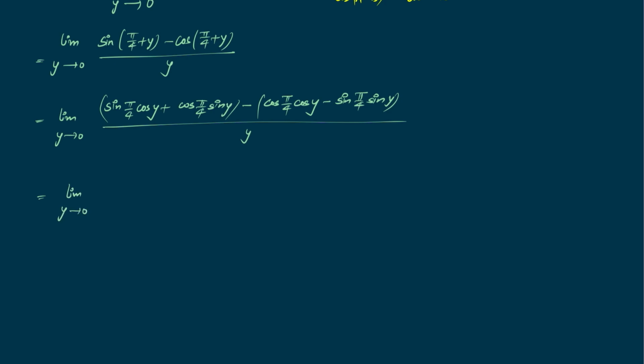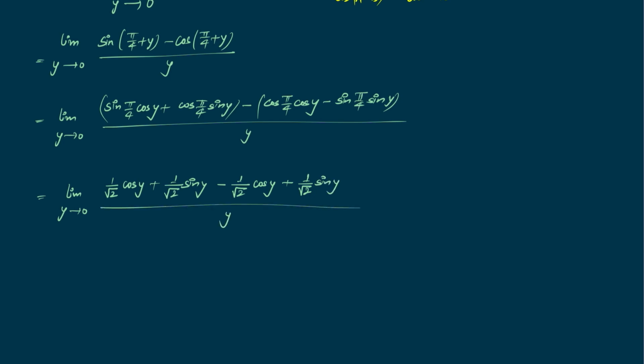So now sin pi by 4, that is sin 45, means 1 by root 2, and cos pi by 4 also means 1 by root 2. So it will be 1 by root 2 into cos y plus 1 by root 2 into sin y minus 1 by root 2 into cos y, minus and minus get plus 1 by root 2 into sin y, whole divided by y.